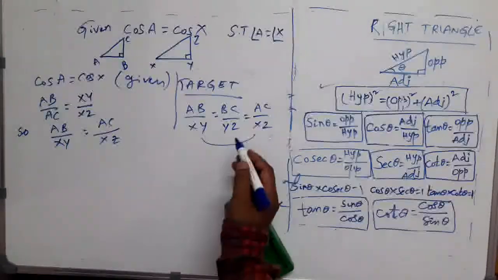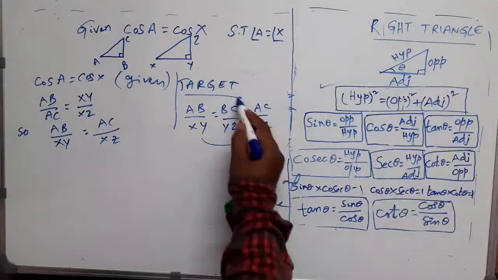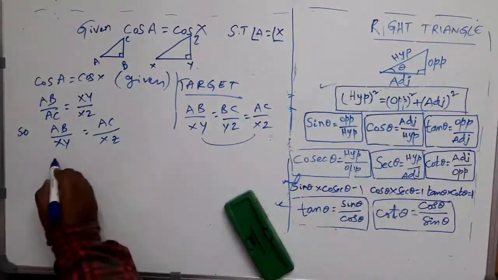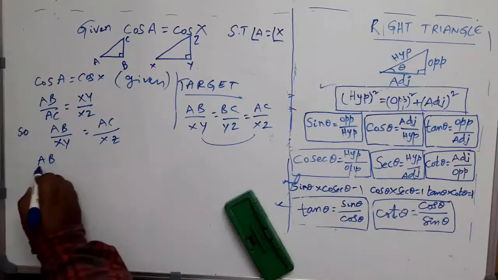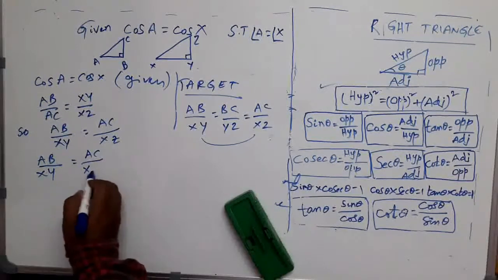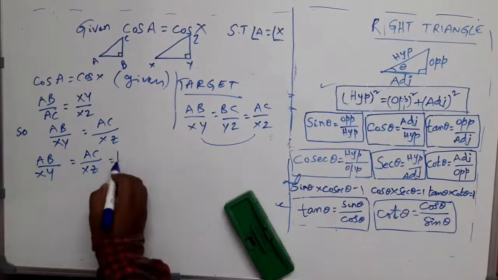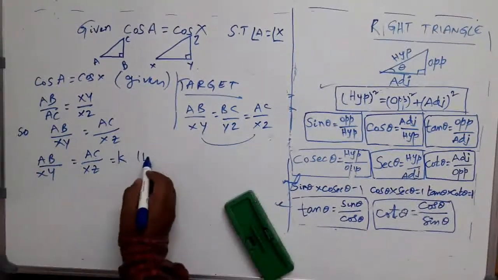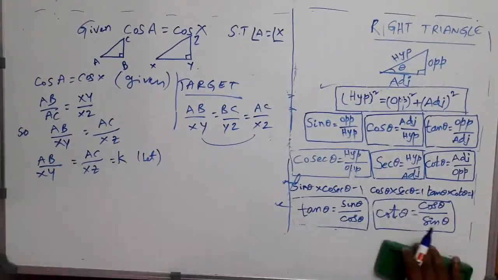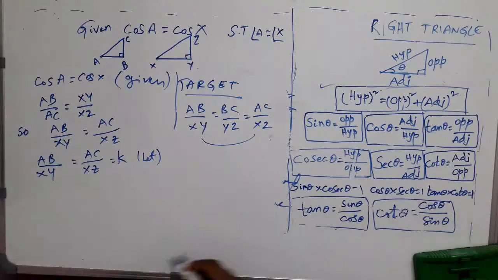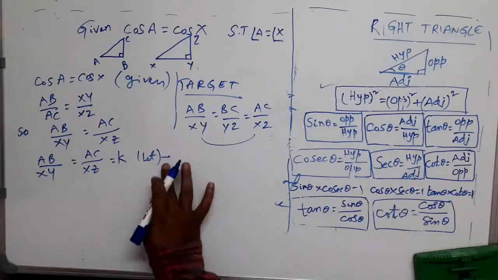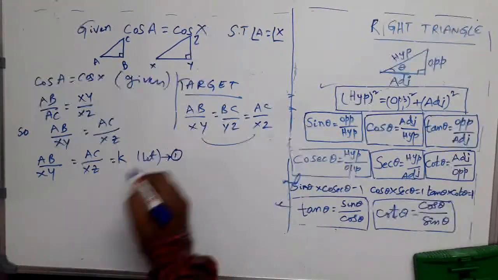Now, the remaining part: we are supposed to involve BC and YZ also. Let us see how we can do that. AB divided by XY is equal to AC by XZ, which is equal to some constant k. We will see why we have considered this as some constant k. Let us say this is equation 1.